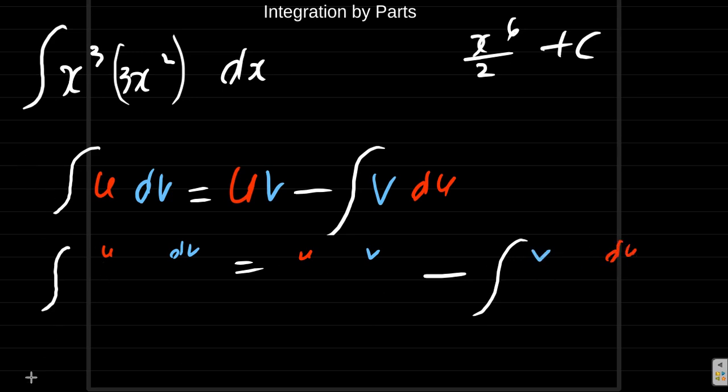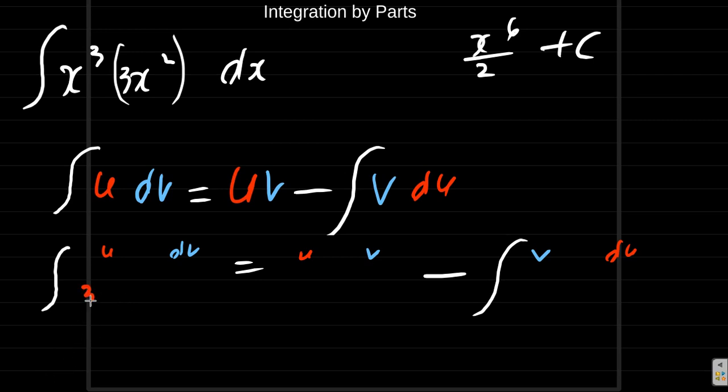Alright, so how do we do that? I said u is going to be our 3x squared. Let's keep it as it is, no simplification whatsoever. We're just using integration by parts directly.